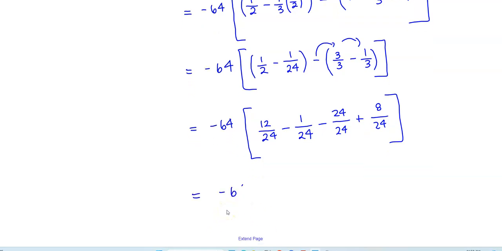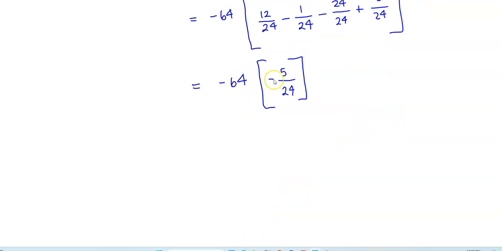So we have negative 64. So we have 12 minus 1, which is 11. And 11 minus 24 is negative 13. And negative 13 plus 8 is negative 5 over 24.